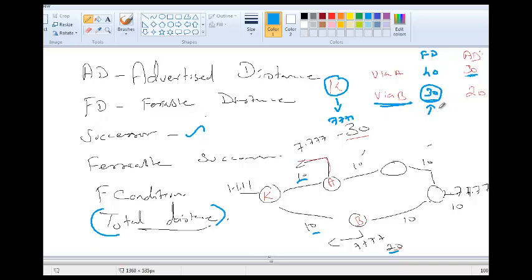This is the successor value. 30 is the successor value. The lowest feasible distance is the successor value. Now, this is the elected route, the primary route, which will be seen in the routing table of K.